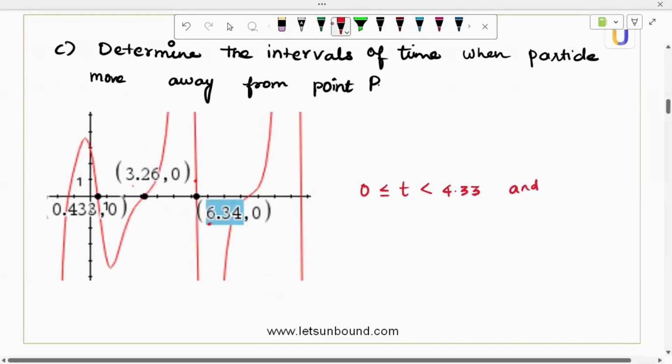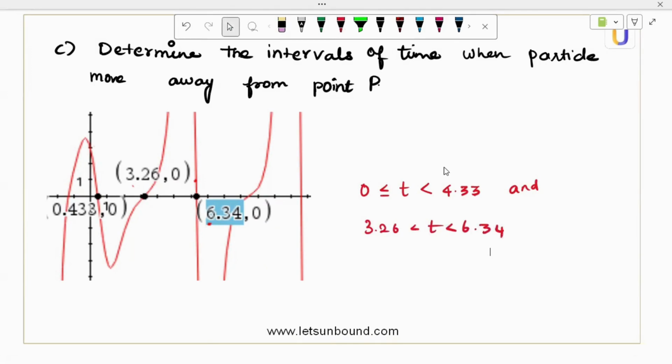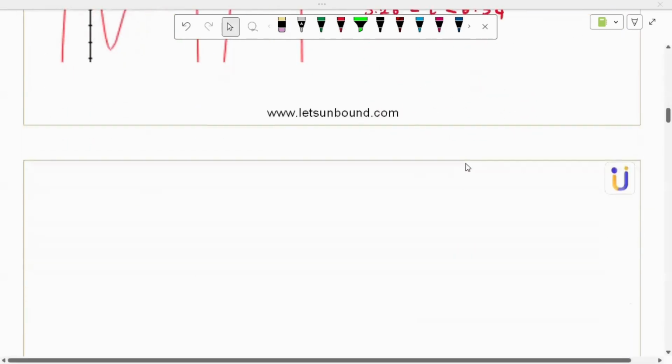And also 3.26 less than t less than 6.34. For these intervals of time, the particle will move away from the fixed point P. See, that's simple. And we are moving into the next part.